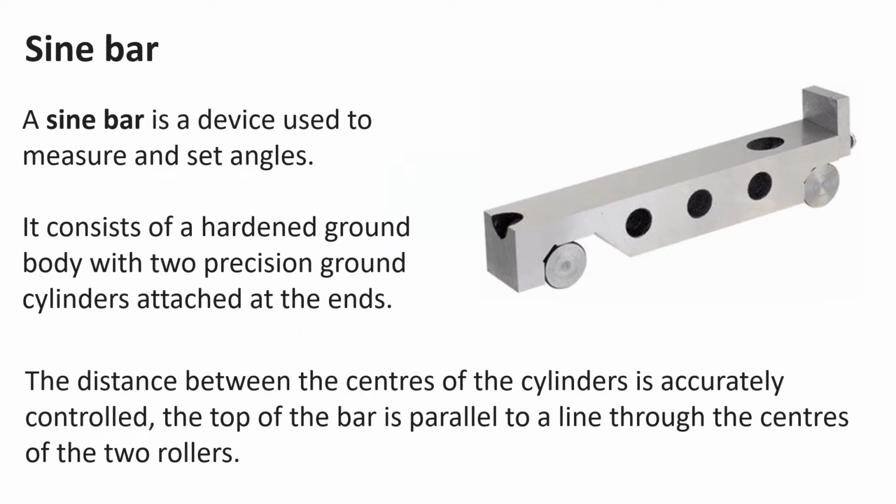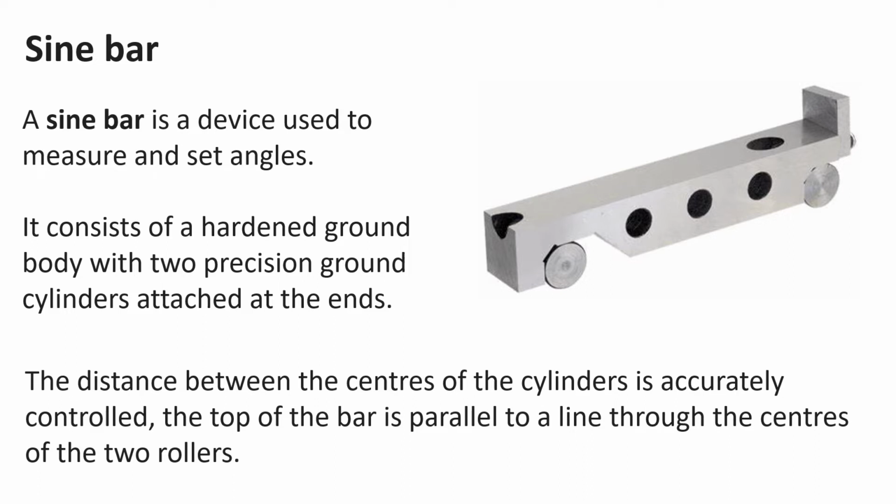Let's look at the sine bar and similar related devices. A sine bar is a device used to measure and set angles. It consists of a hardened ground body with 2 precision ground cylinders, one at each end.